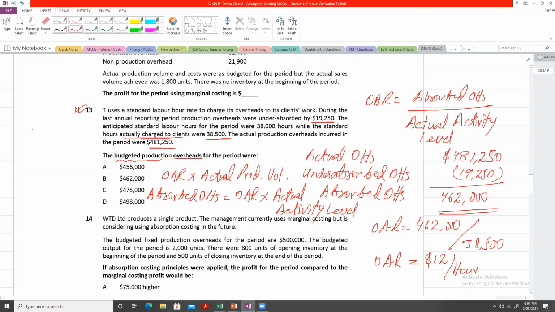Okay then. Now we have another formula for the overhead absorption rate: OAR is equal to budgeted overheads divided by budgeted activity level.